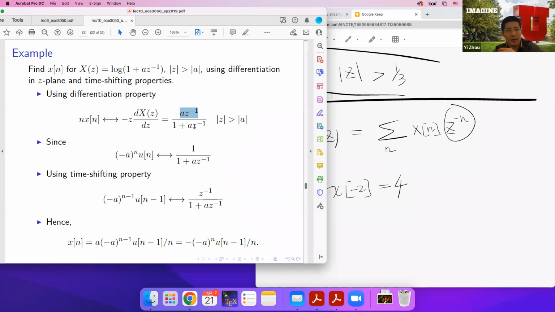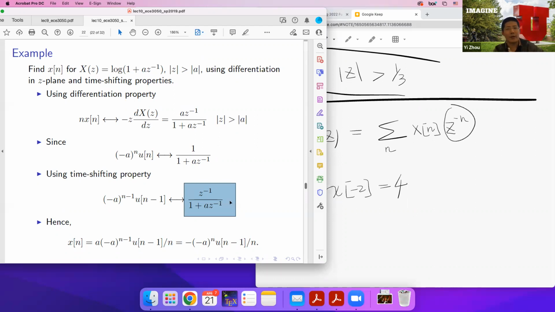And such a term, we know that it can be introduced by leveraging the time shifting property. So that motivates us to apply time shifting to introduce this term. Basically, given this pair of Z transforms, we shift the signal to the right by 1, so that by the time shifting property, the corresponding Z transform is given by this one.